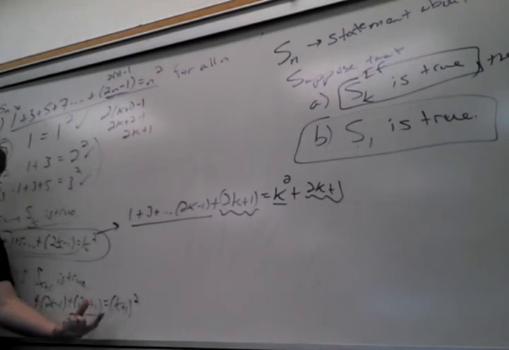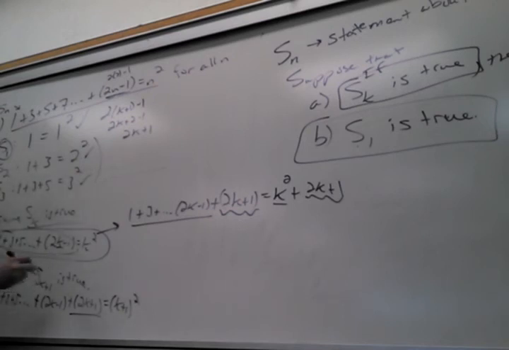Now, the thing I really want you to understand, the heart of most math induction, is what do I have to do to this side, do it to both, and then make this look like this. And if I can do that, I'm done. I've just shown that this does lead to this. If this is true, this would be true.